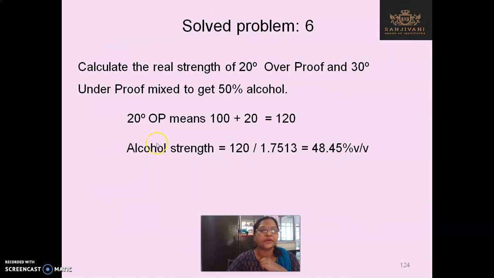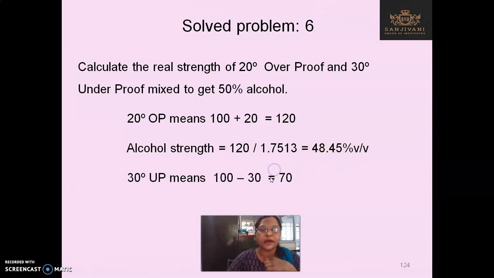So again here is one example. Calculate the real strength of 20 degree overproof and 30 degree underproof, mixed to get 50% alcohol. So 20 degree OP, that is overproof, means 100 plus 20 is equal to 120. 120 divided by 1.7513 is equal to 48.45% volume by volume.